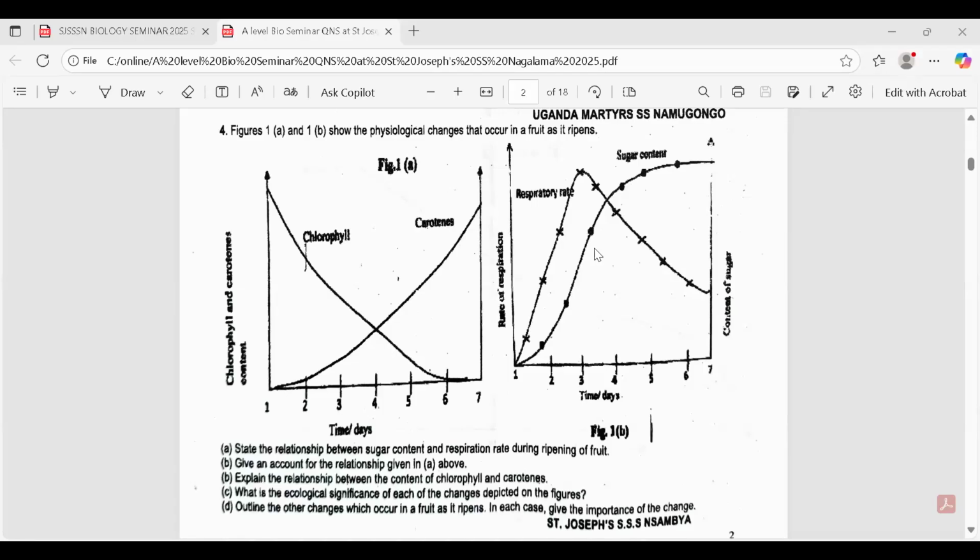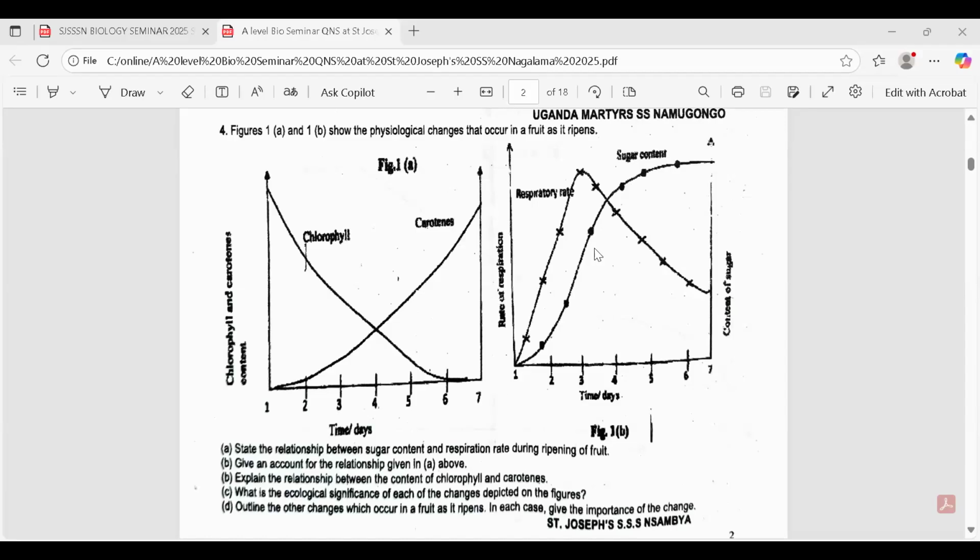For example, as the respiratory rate increases rapidly, the sugar content increases rapidly, comma, then, but we are seeing that respiratory rate is attaining a peak here. So we could also have said, as respiratory rate increases to attain a peak, or as the respiratory rate increases rapidly to attain a peak, comma, the sugar content increases rapidly.